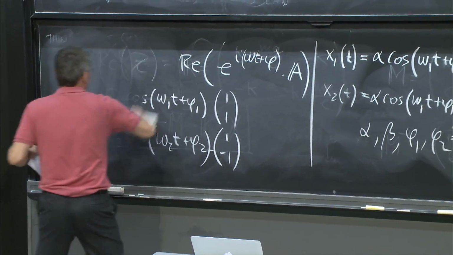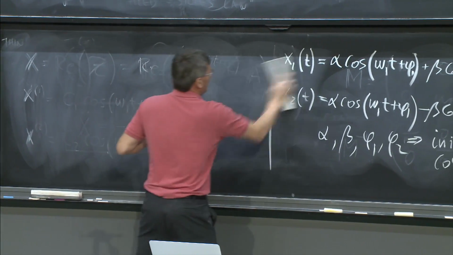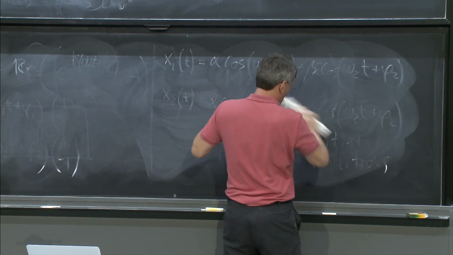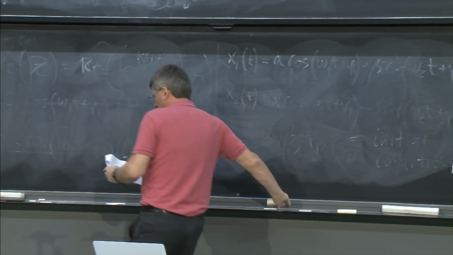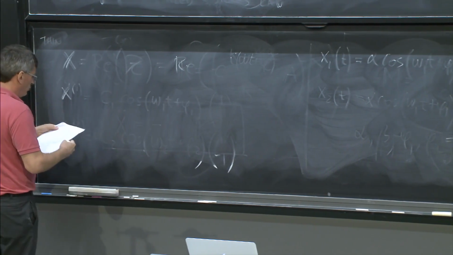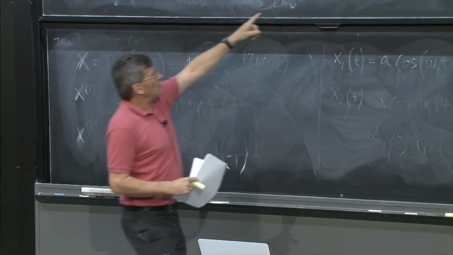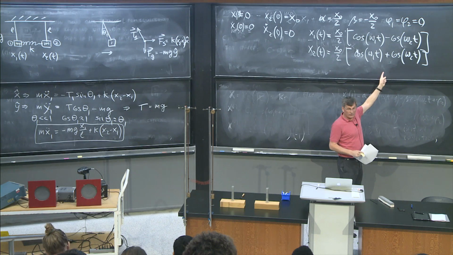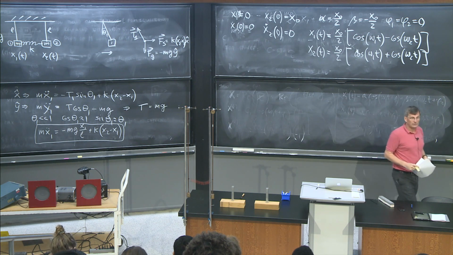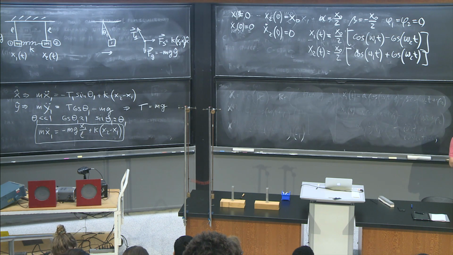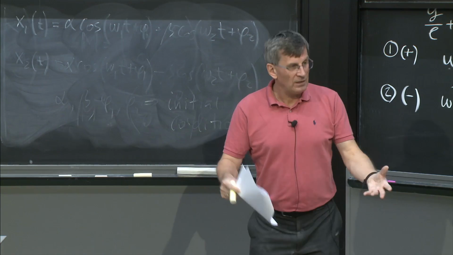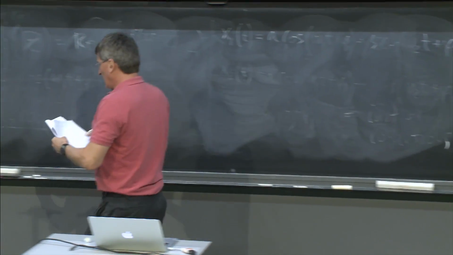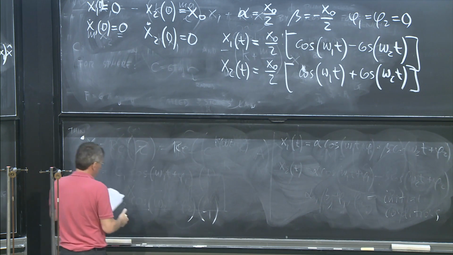So I can rewrite those solutions in a slightly different way. You see, this is a difference of two cosines, and this is a sum of two cosines. There are lots of neat trigonometric identities which we can use. So we do zero physics here, we just rewrite the trigonometric formulas.